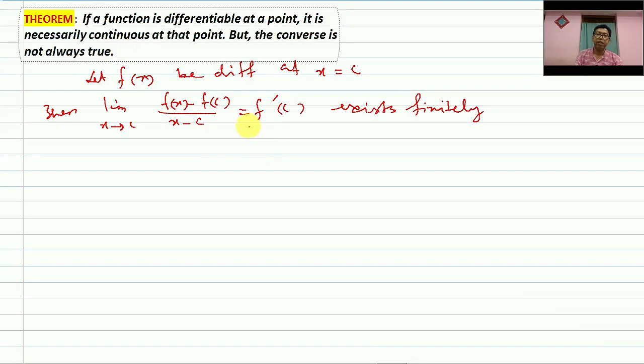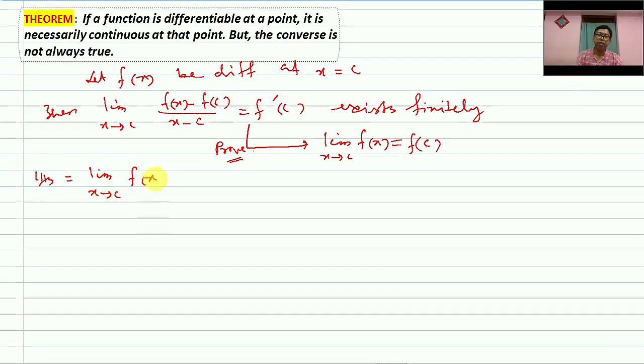That means it is sufficient to show, to prove it continuous, that the limit as x tends to c of the function f(x) is equal to f(c). So take its LHS. Your LHS is the limit as x tends to c of the function f(x).